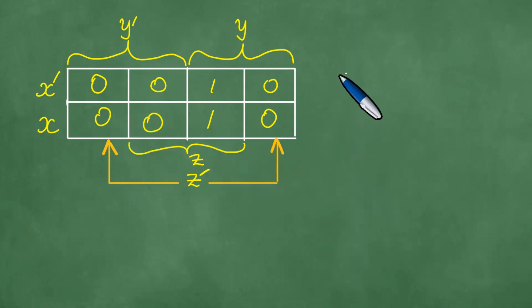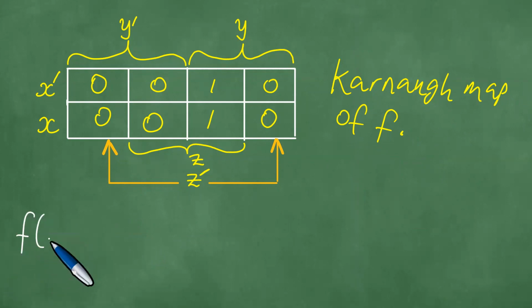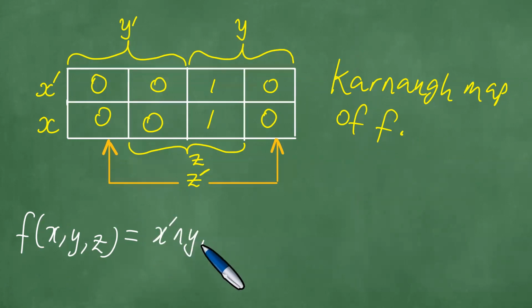This is called a Karnaugh map of F. So what is the simplified expression of the function here? The simplified expression becomes f of x, y, z, exactly the same as x primed and y and z.